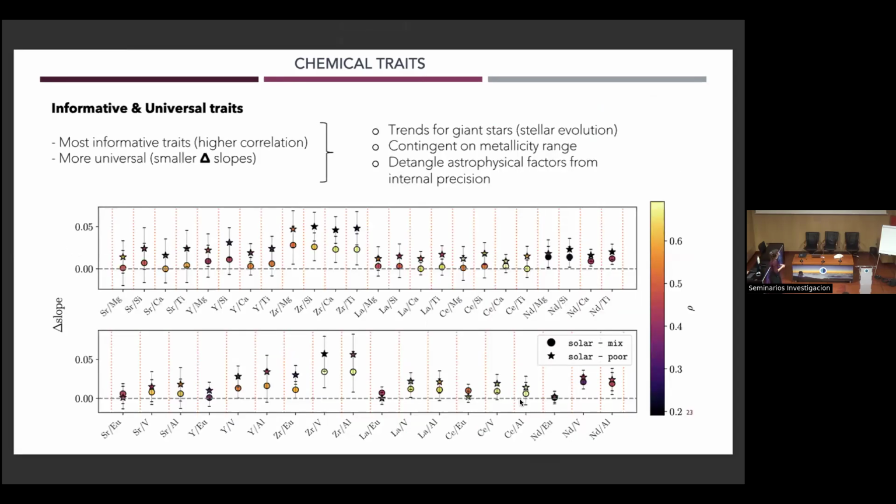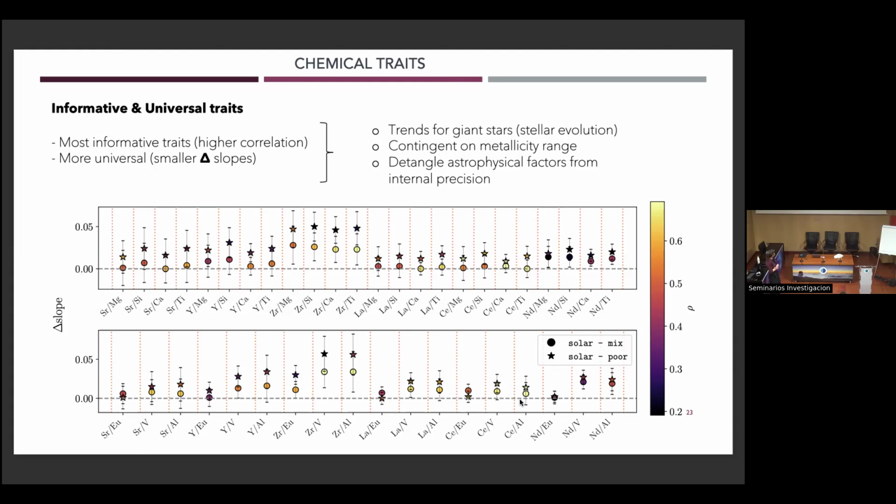So this plot is basically a summary of the plots that were in the previous slides, because here you can see all the abundance ratios. And basically I computed the difference in slope between the more metal-rich group, the intermediate, and the most metal-poor. The color coding follows the correlation coefficient.